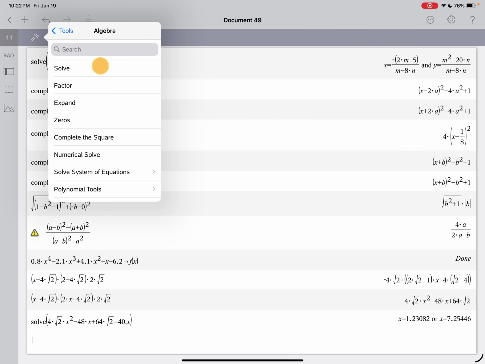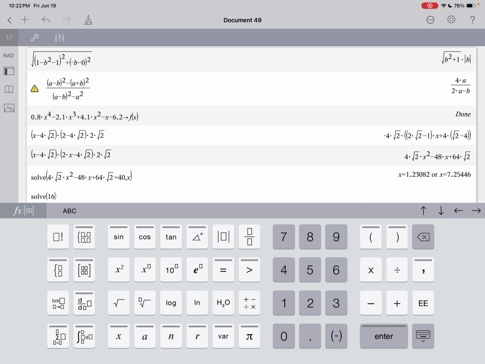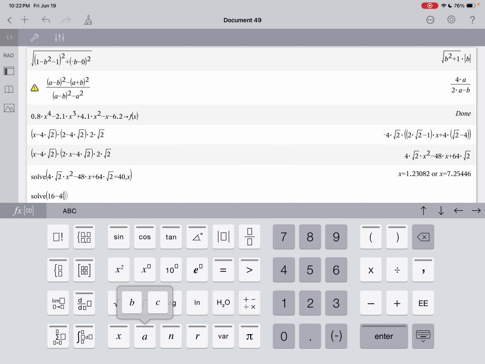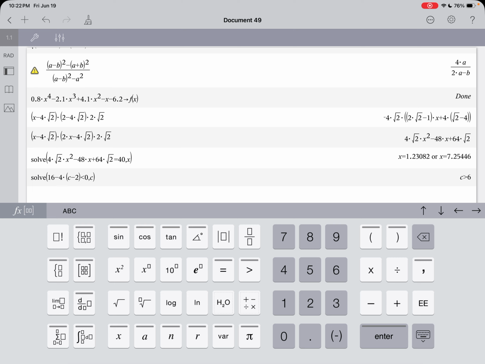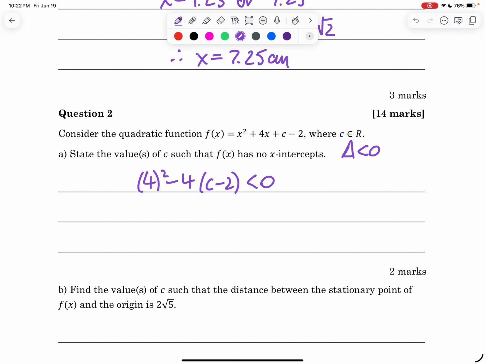Menu 3, 1. 16 minus 4 times c minus 2 has to be less than 0, comma, c. C has to be greater than 6.